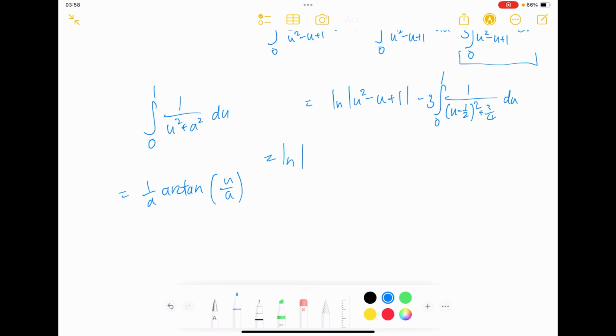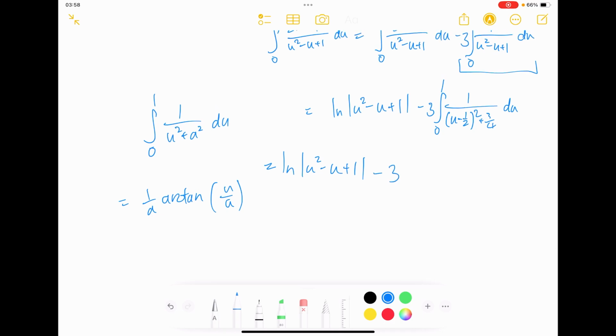So we have the natural log here, and subtract 3 times 1 over a would be 1 over the square root of this, which is, oh god, which is 3 over root 2, but square root it would be, not 3 over root 2, root 3 over 2.